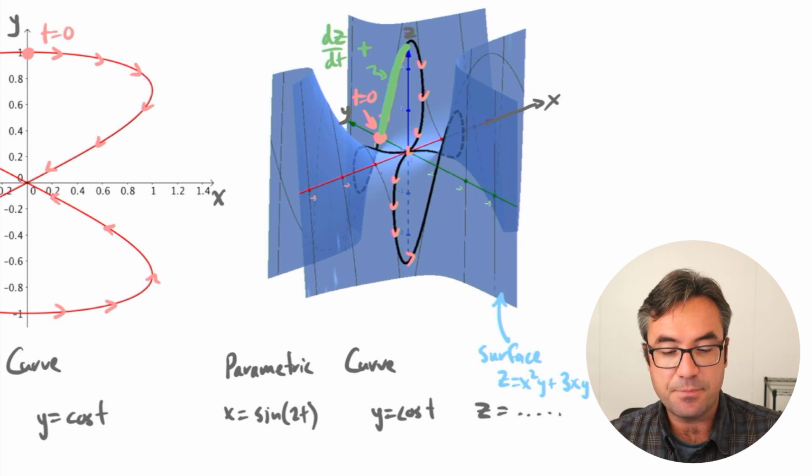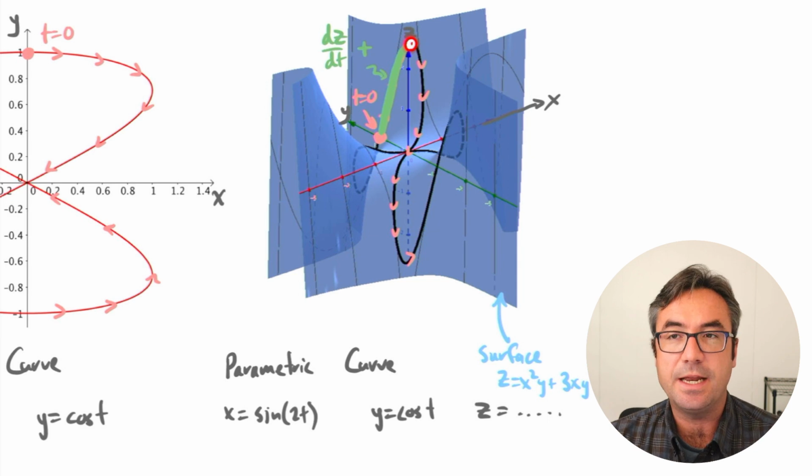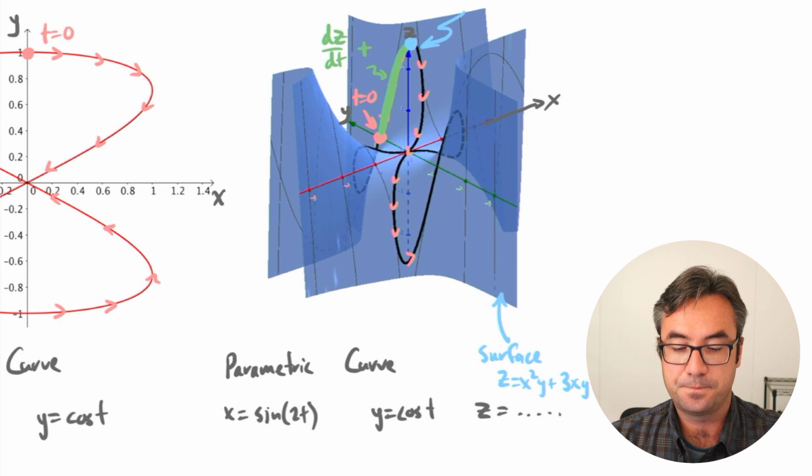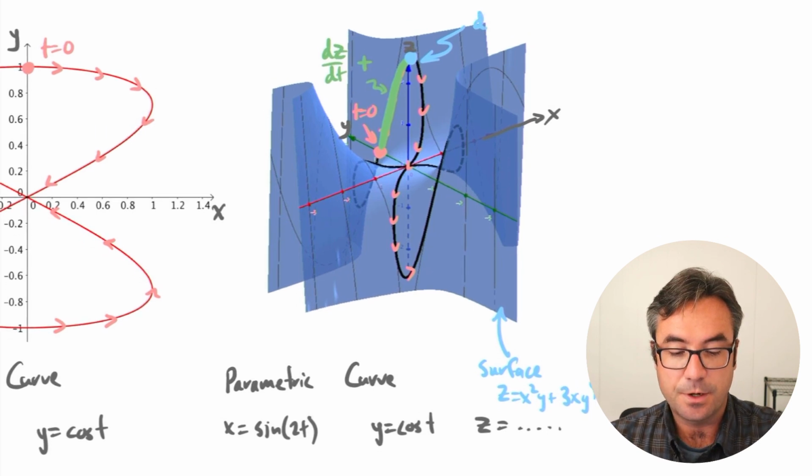And then something happens right at this point. It hits a high point on our curve. So at that point, the derivative is actually 0.